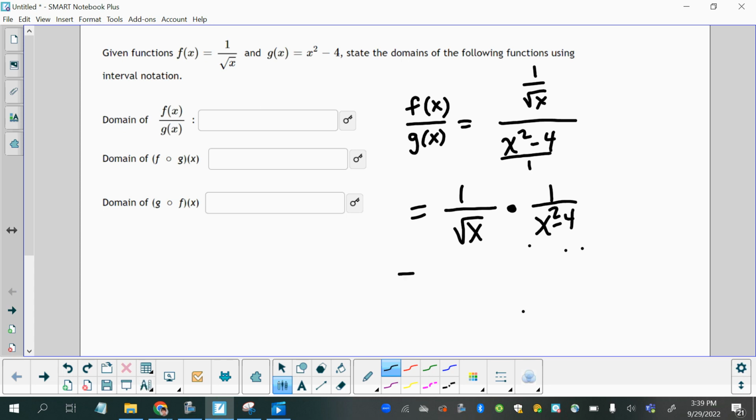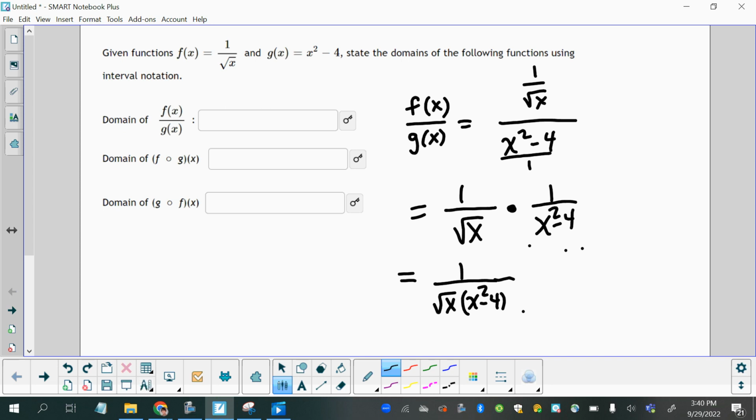Now, when we multiply straight across, we have 1 over the square root of x times x squared minus 4 as a quantity. And when I have it like this, it's a little easier for me to see what I need to restrict for x. First of all, we know we can't have any zeros ever in the denominator, or rather we can't have a factor of 0 or just a total product of 0 in a denominator.